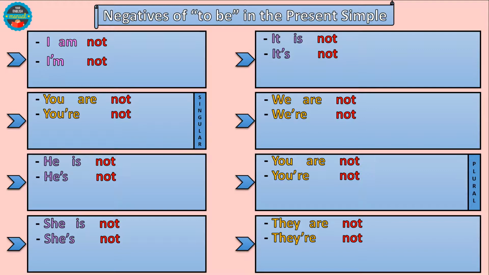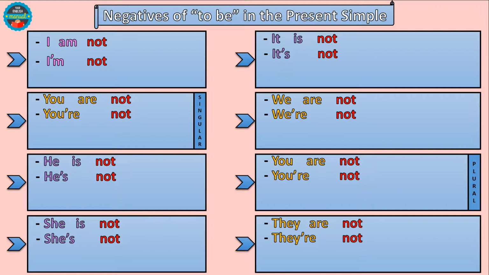But be careful because there is an exception. Of all the conjugations of the verb to be, am is the only one that doesn't connect with not. Therefore, the only way to contract I am not is I'm not. There is no other one. But with the other two, there is.